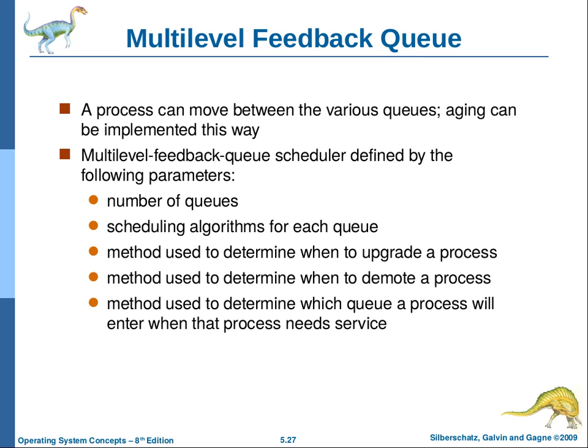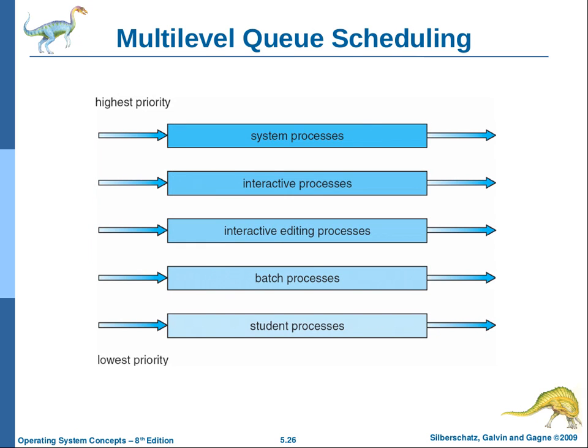So whatever technique you use depends on your number of queues, scheduling algorithms, etc. The operating system can move processes from one queue level to another, depending on maybe the student process never gets a turn, so maybe we'll promote them to a batch process, at least for this one run, and then demote them back.